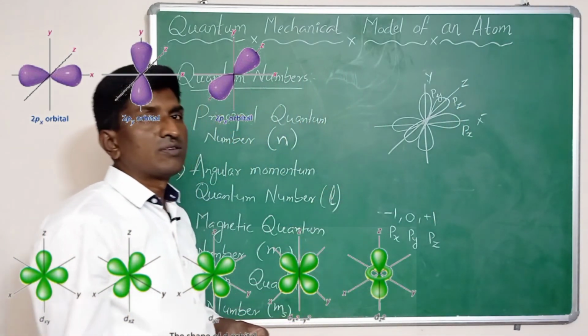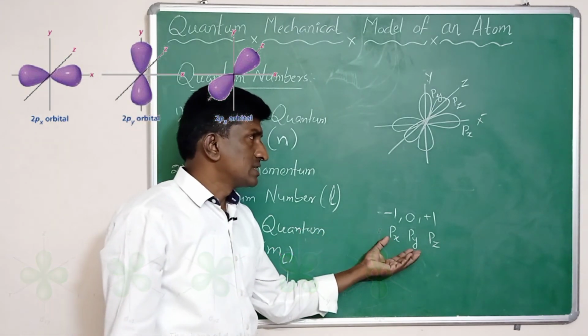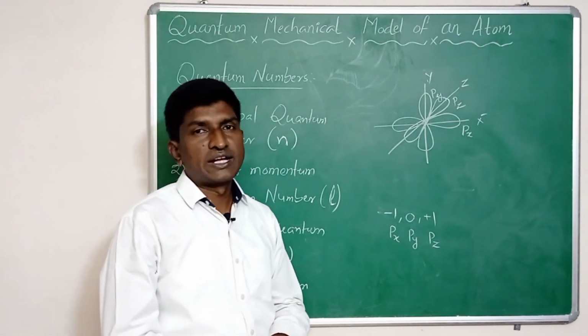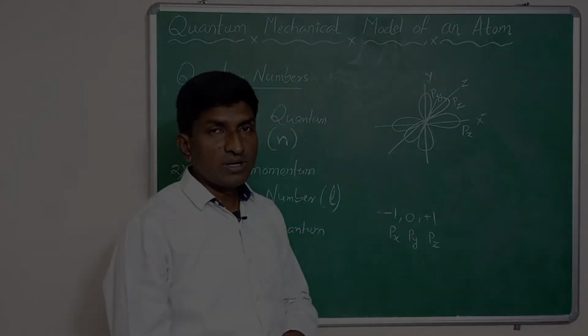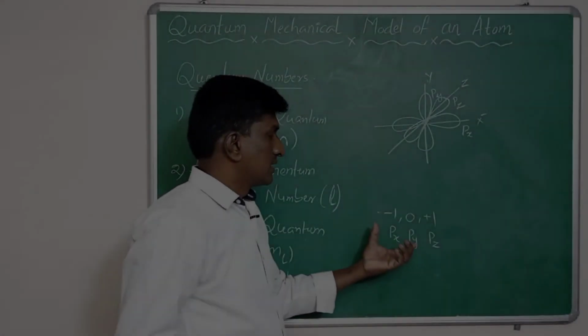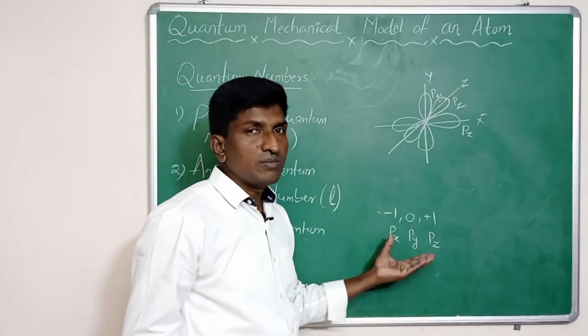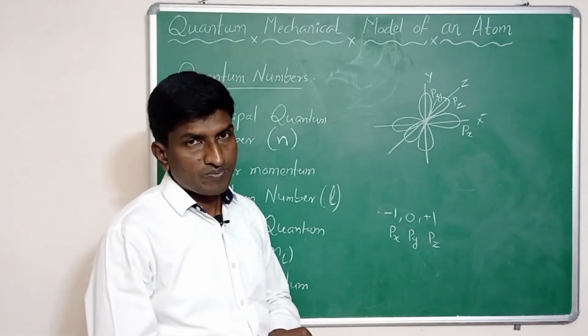This orientation of the orbitals is explained by the magnetic quantum number, which explains the subshells and the orientation of the subshells.